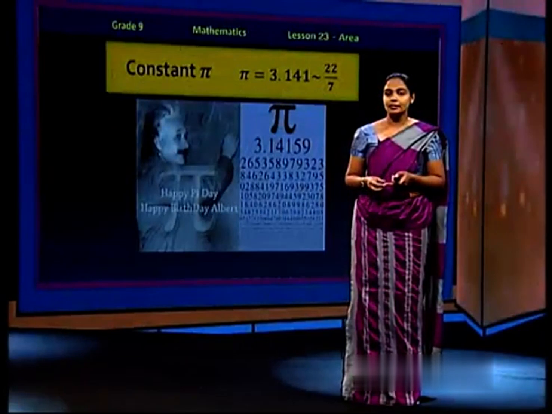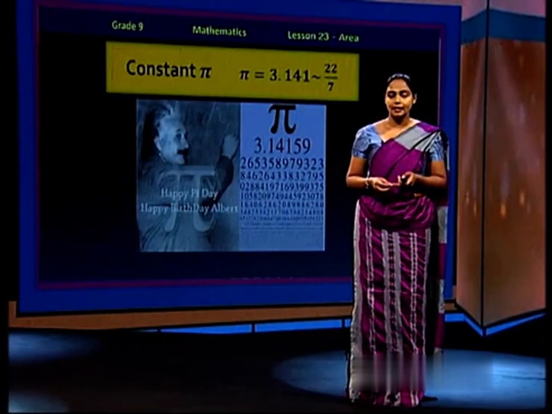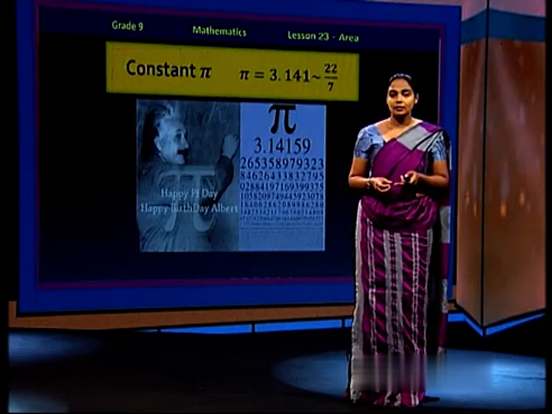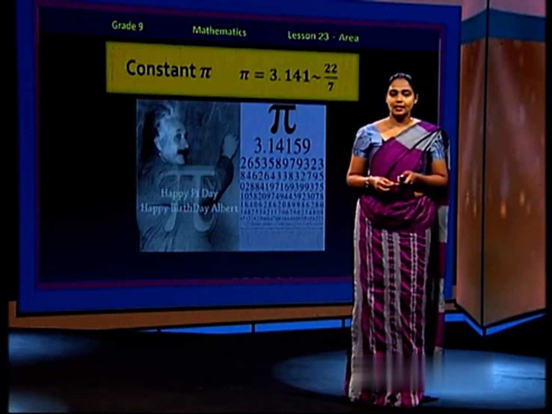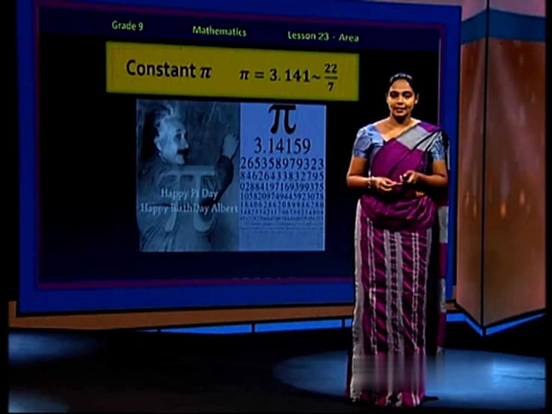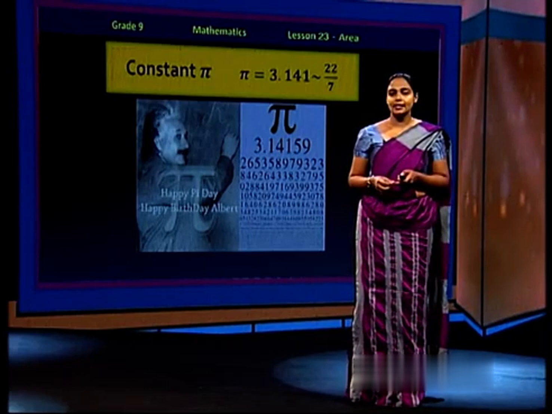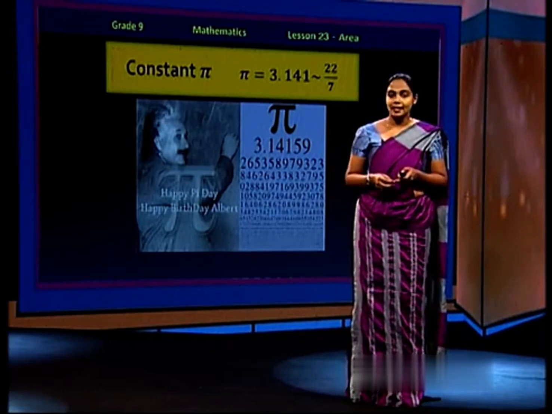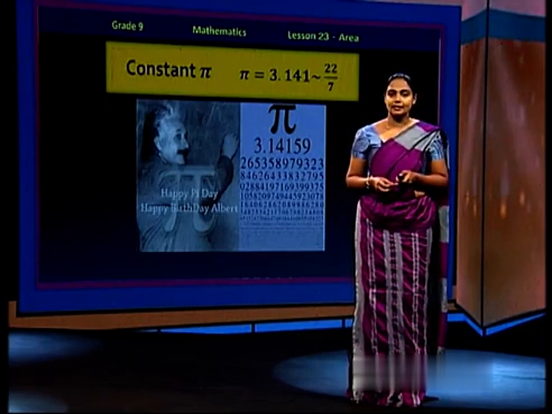Because it is not divisible. 22 over 7 is not divisible, so it goes to infinity. To respect Albert Einstein, they are celebrating Happy Pi Day. I explained it for your additional knowledge.